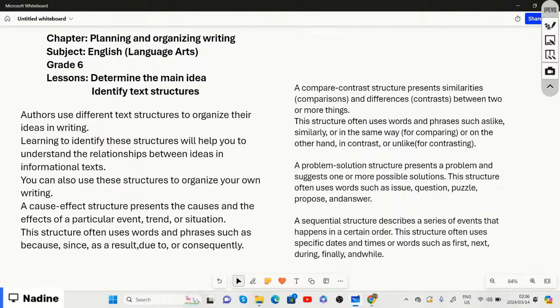And the lessons that we're going to be focusing on under this chapter are to determine the main idea and to identify text structures. All right.